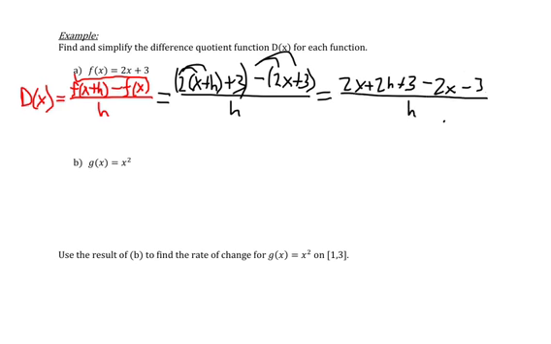With a little bit of simplifying, we see the 2x minus 2x cancels, and 3 minus 3 cancels. That's nice. And all we're left with is 2h over h, which is 2. And that's our difference quotient for this particular function. So we can say d of x is 2.